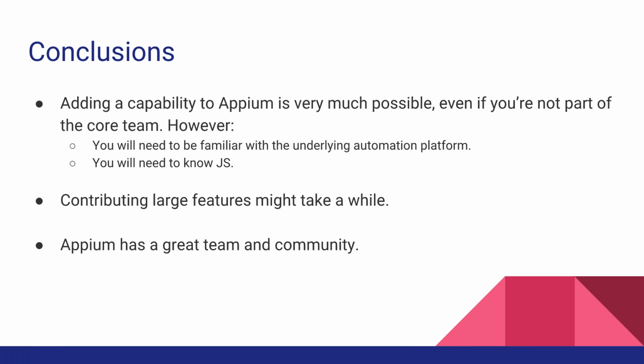So if there's something that can be done in iOS but cannot be done in Android, it's most likely because the underlying automation framework doesn't give you that option. There's a chance that it's just not implemented, but I'm guessing that the first answer is the correct one, that the underlying automation framework doesn't give you the ability to do that. So probably UiAutomator doesn't give you the ability to do that.